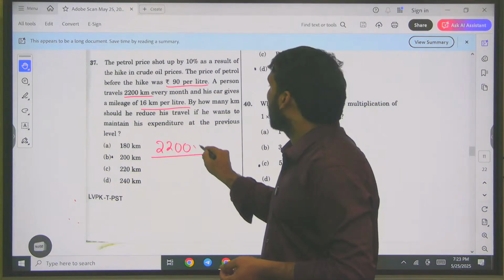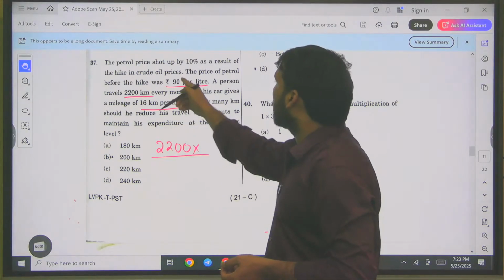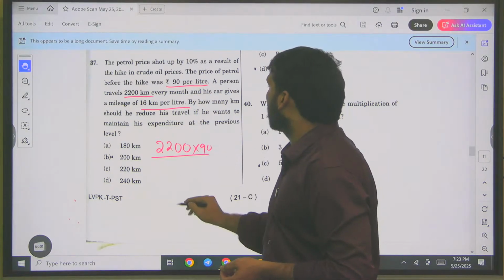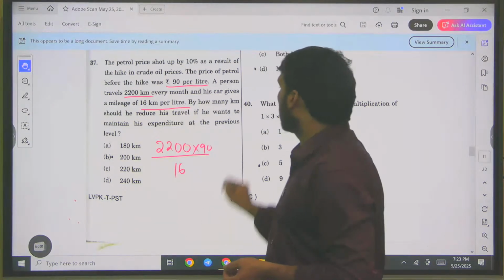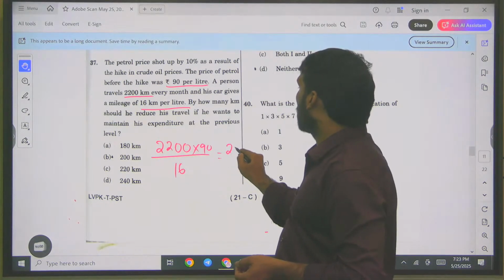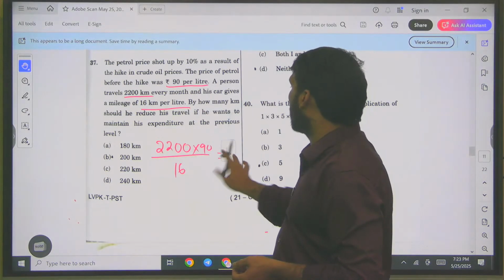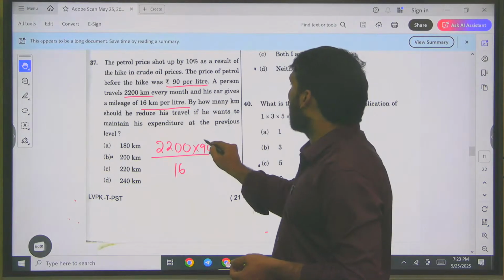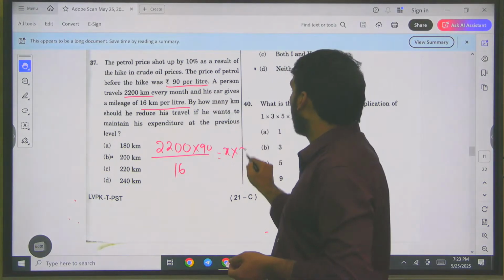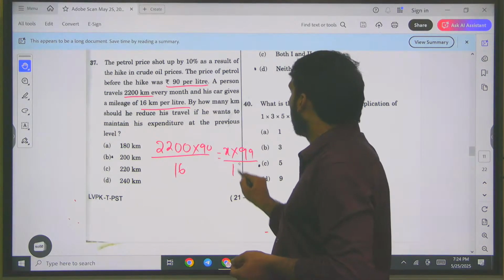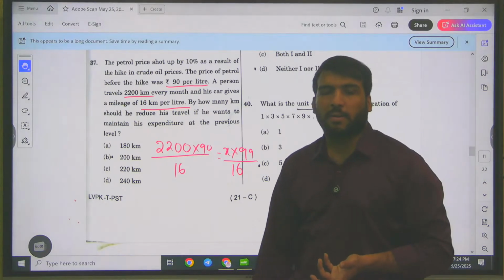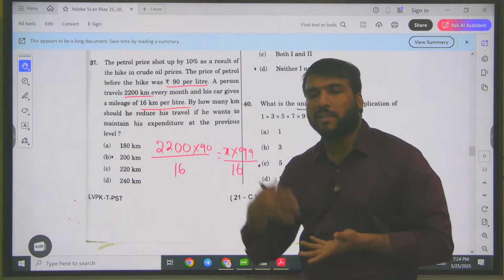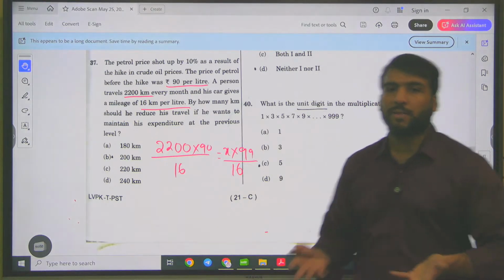Okay. So how many 90 per liter? So 16 is equal to 2200. We don't know how many kilometers this is. X into petrol price hike by 10%. It will become 99, but mileage will not change, right? Bike or a car, even if petrol prices increased or decreased, mileage will not change.